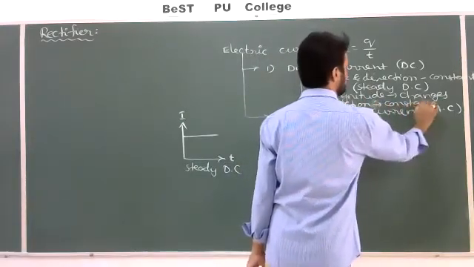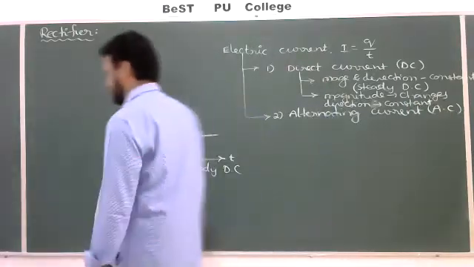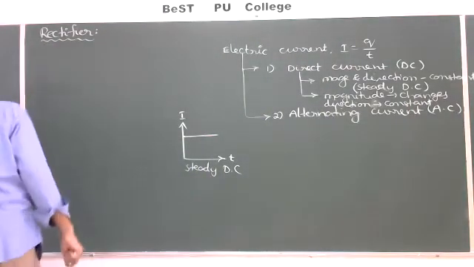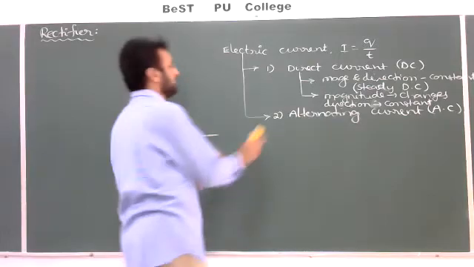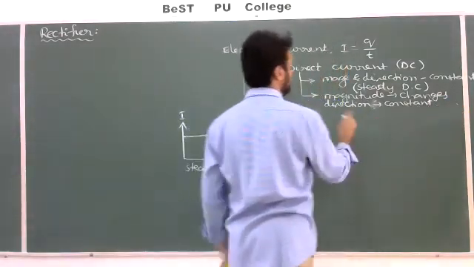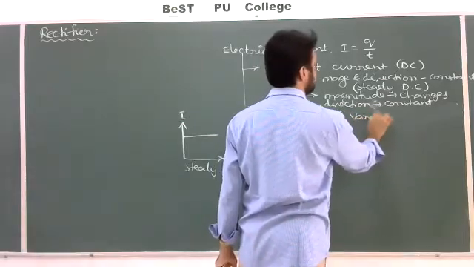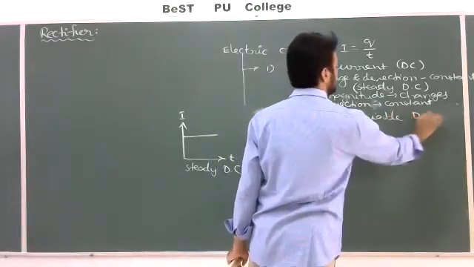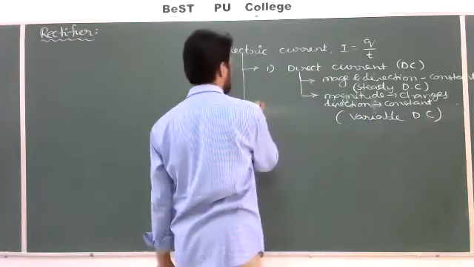A current in which only the magnitude changes but the direction of the current remains constant is known as variable DC. So this type of current is called variable DC. One is a steady DC and one is a variable DC.